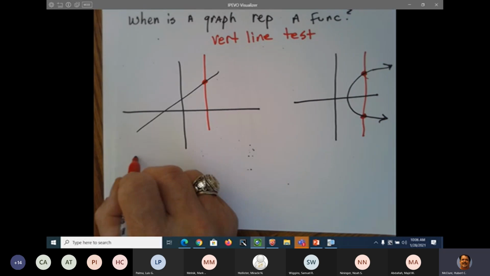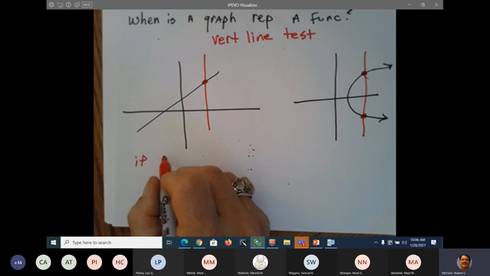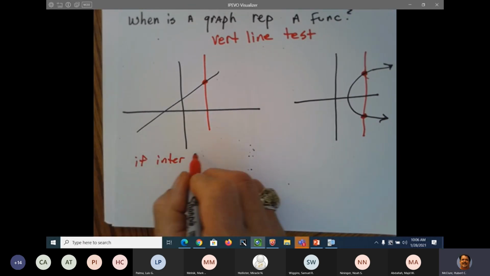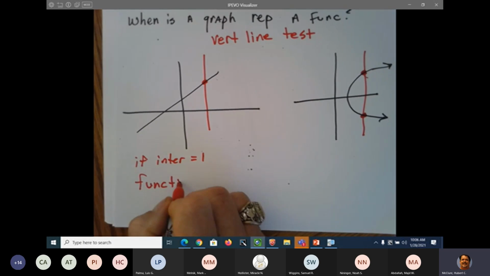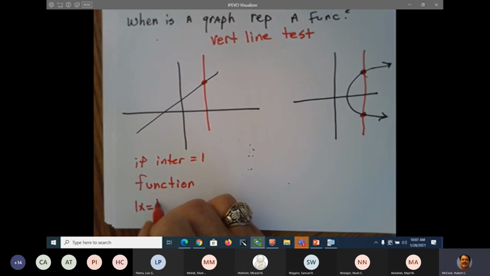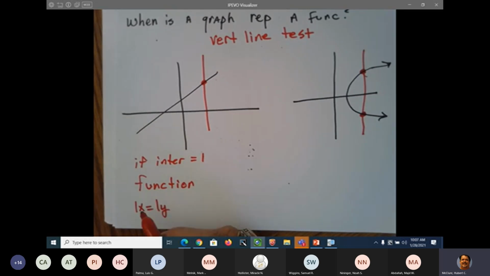If the intersect is equal to 1, you have a function, because 1 x is equal to 1 y. In other words, one quantity of x is equal to one quantity of y.